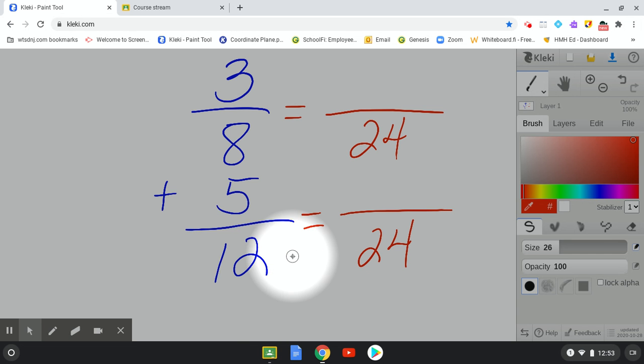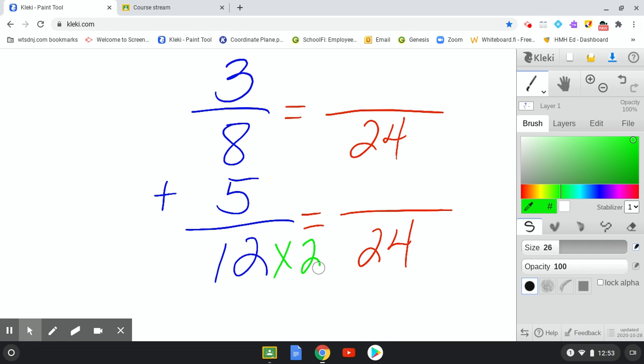Okay, so here, 12 times what gives me 24? 12 times 2, so that means I have to multiply my numerator here by 2 to get 10. 8 times 3 gives me 24, and then I have to multiply my numerator here by a 3 as well. 3 times 3 gives me 9, okay? So far, so good. So now I have a common denominator.